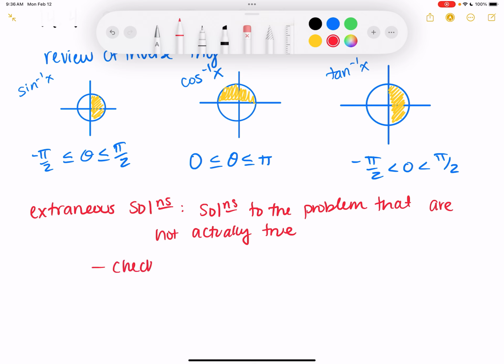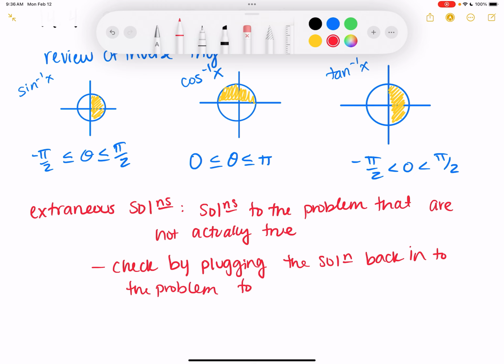So we check by plugging the solution back into the problem to verify it works.